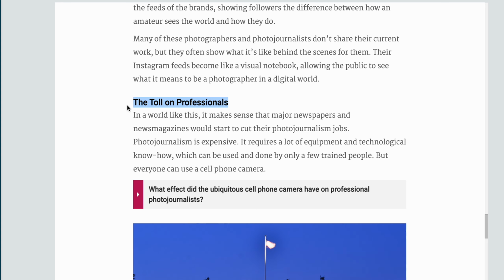Now organizations are cutting their photojournalism jobs because, as I told you, one person can do it all. Photojournalism is expensive. It requires a lot of equipment and technological know-how, which can be used by only a few trained people, but everyone can use a cell phone camera.